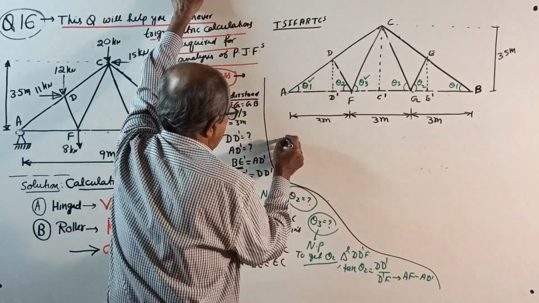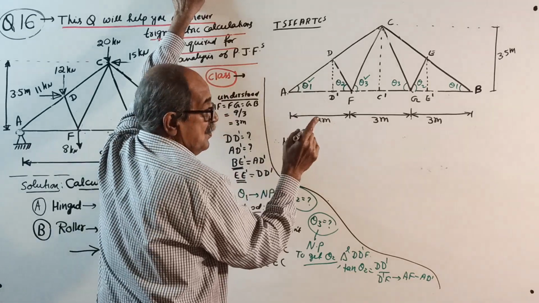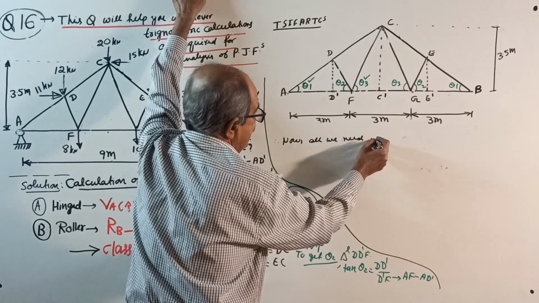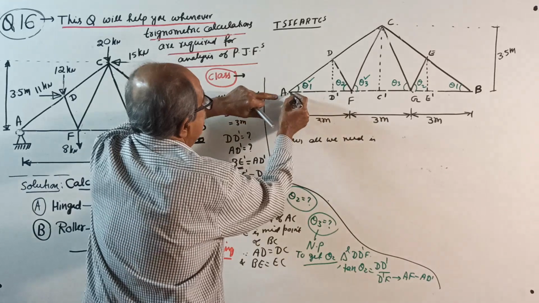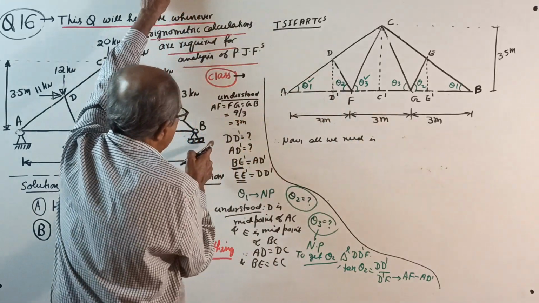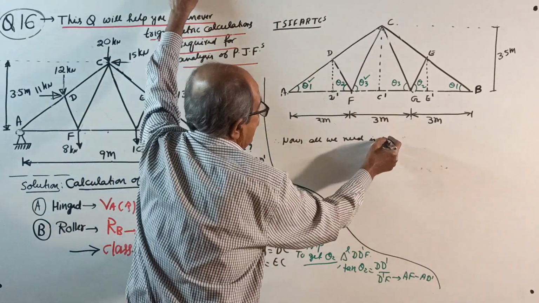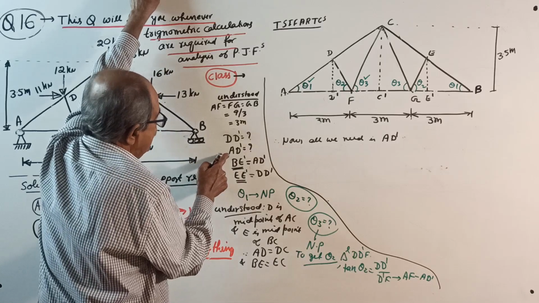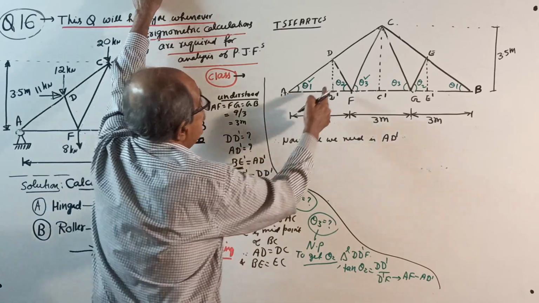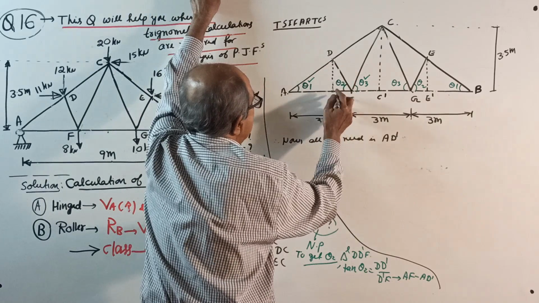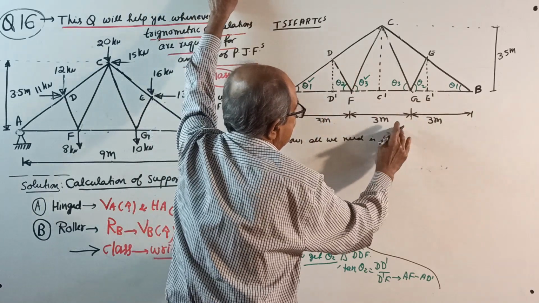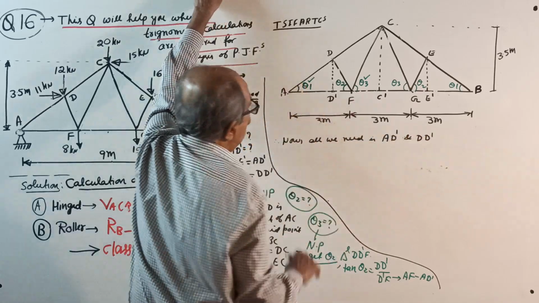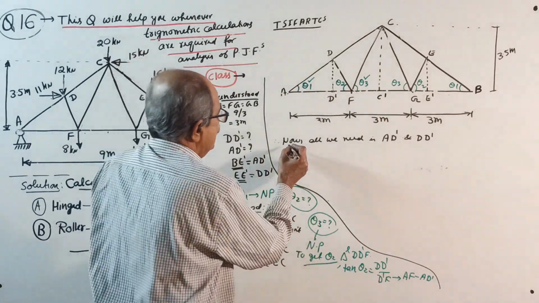Therefore, now, all we need is A to D dash, then A to D dash over D to D dash. See, this is D dash, and A to D dash and D to D dash. Okay, start. For that one, see what to do.